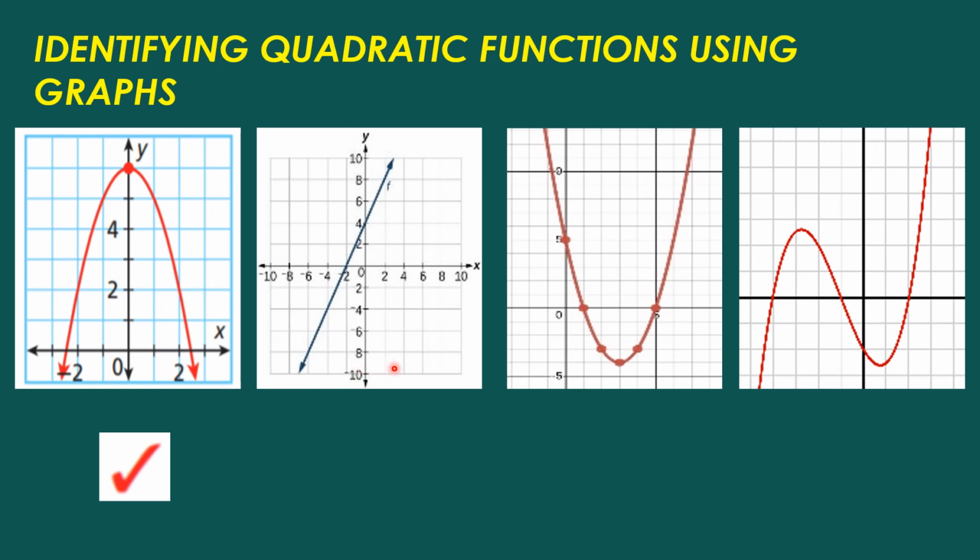How about the second one? Is this a graph of a quadratic function? The answer is no. It is not a U-shaped graph, but rather it is a straight line. This is a graph of a linear function and not a quadratic function.